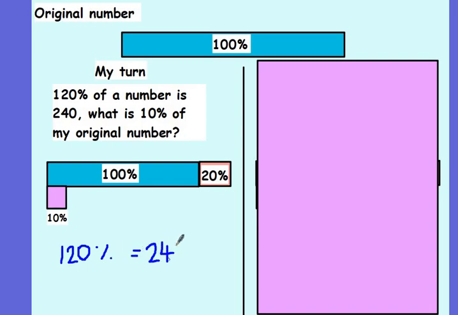And I've been asked to work out what 10% must be. Well, I need to divide 120% by 12 to work out what 10% would be. So I'm going to do the same to the other side. So 10% of my number is 20. If 120% is 240, 10% must be 20.